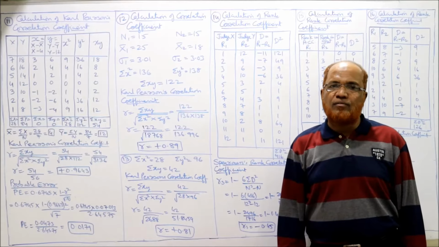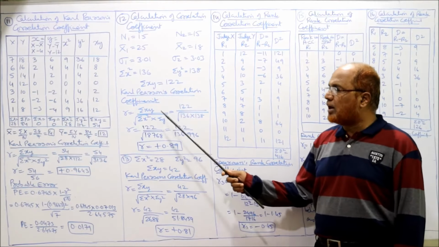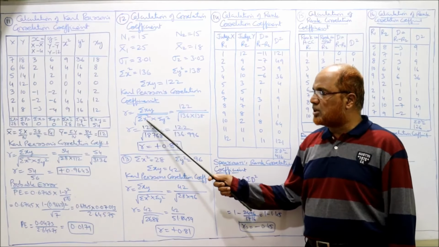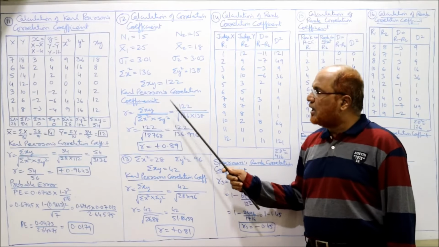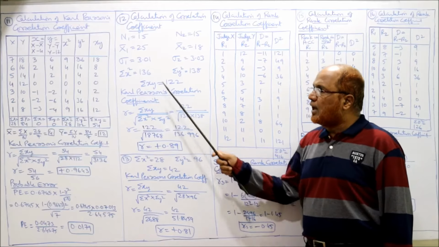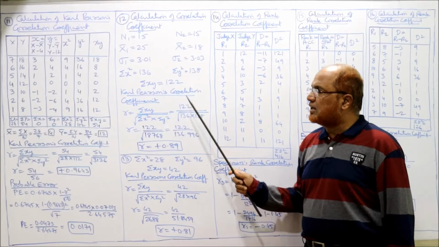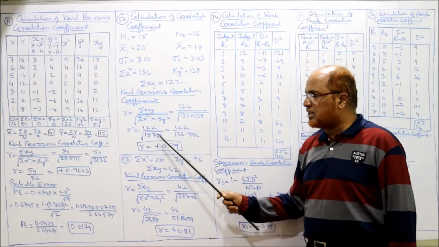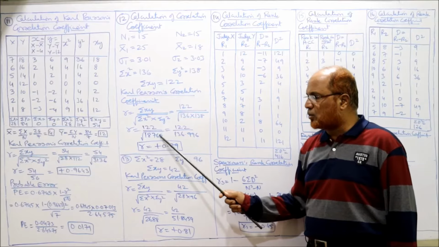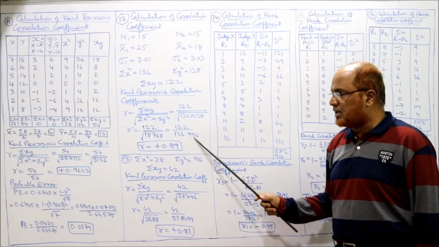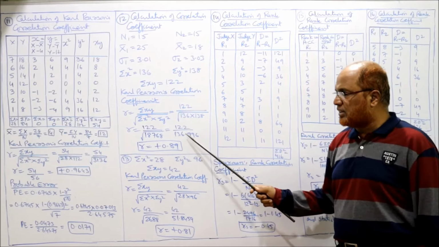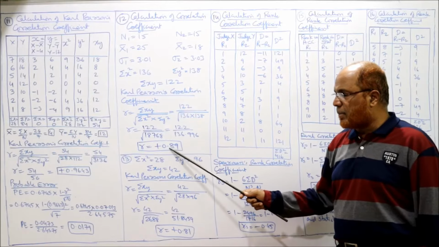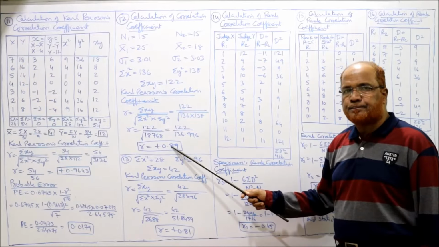When deviations are taken from actual mean, the formula is summation xy by under root summation x square into summation y square. Summation xy is 122, x square y square is 136 into 138 under root. So 136 into 138 you will get 18,768. Under root कर दो, 136.996. So 122 divided by 136.996 is 0.89.